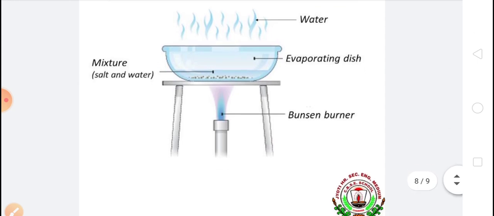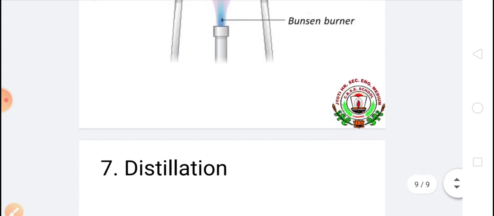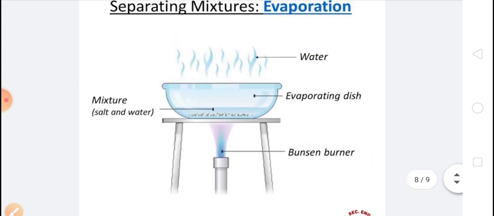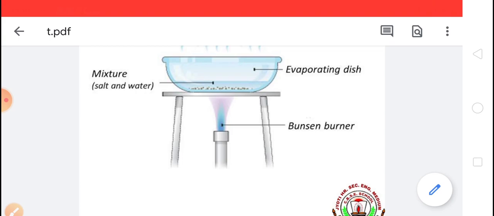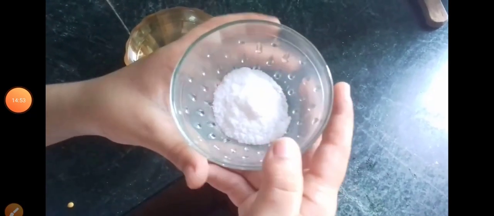Children, you can do one activity at home to separate the salt from the solution by the evaporation method. Let's perform this activity.